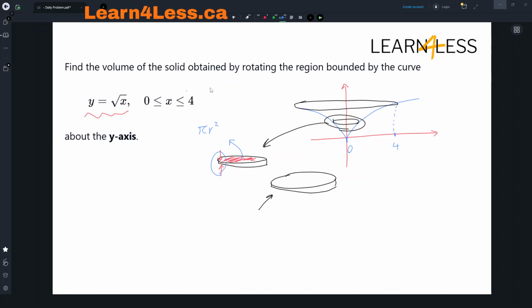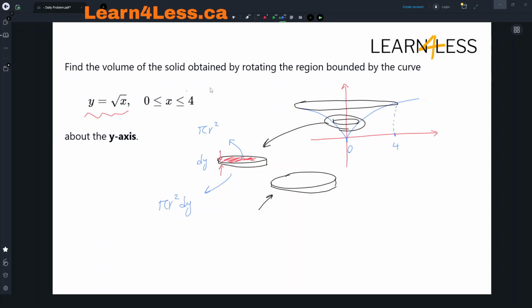The thickness, because it's a very thin layer along the y-axis, we refer to as dy. If it was along the x-axis, it would be called dx. So the volume of this tiny thin cylinder is pi r squared dy.